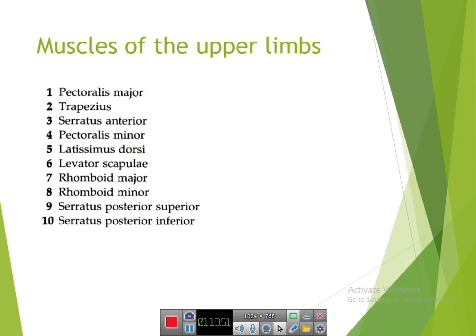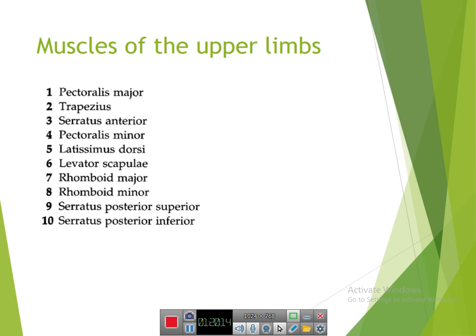Three muscles related to the thoracic wall. Number one is muscles of the upper limb. There are 10 muscles related to the upper limb and thoracic wall as well.